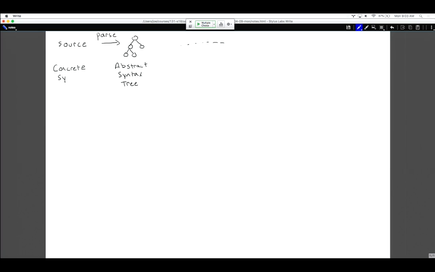Okay. So our first goal is to come up with this parse function that's going to take strings that are concrete syntax of a program and produce this tree-based representation. Now, we'll see why the tree-based representation is particularly useful when we start programming with it. But for now, I just want to set this as a goal.